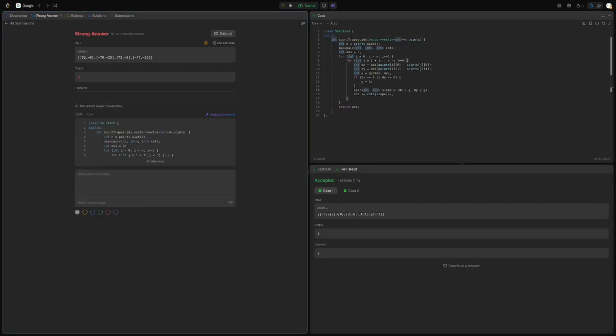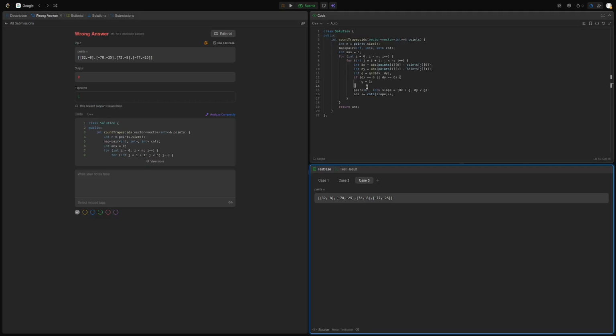Output 0, expected 1. Am I supposed to draw these points? Are you kidding me? This has the same y-axis and this has the same, but they are... what the hell?